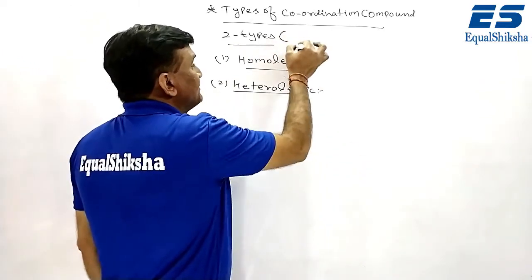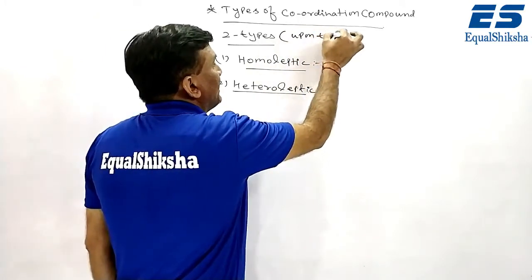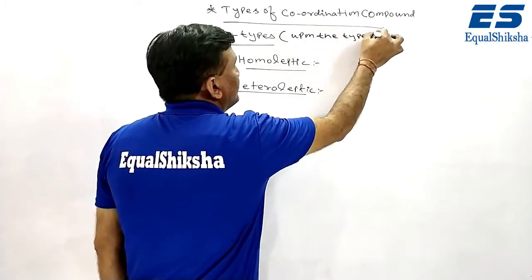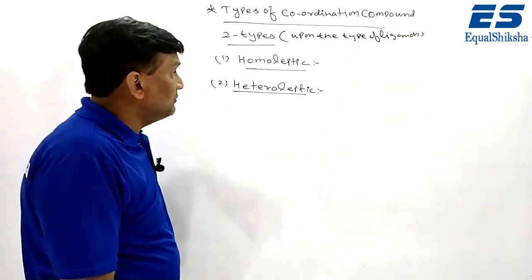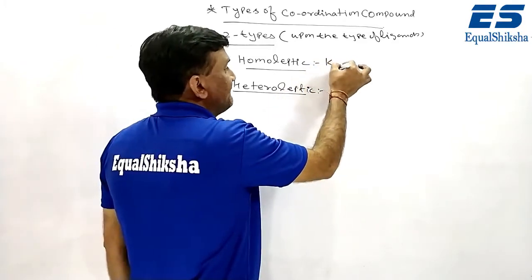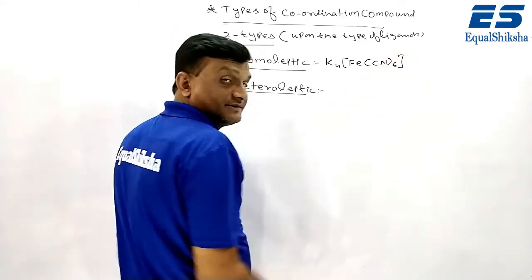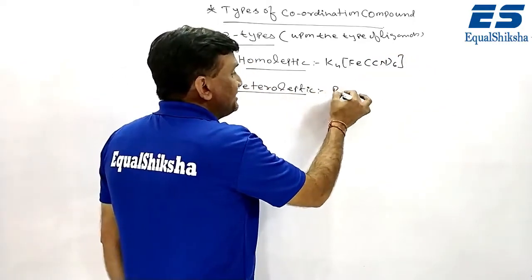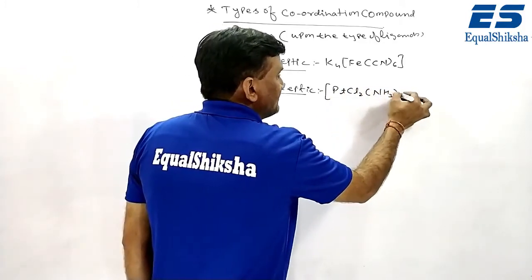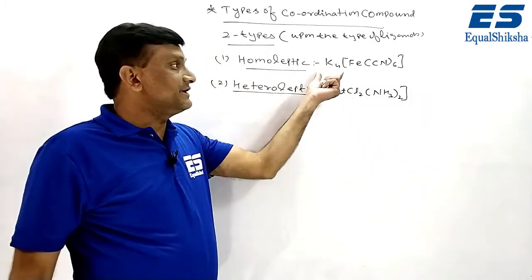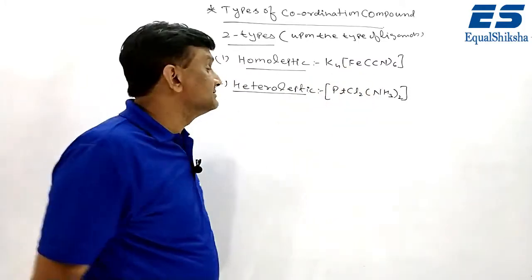It is based upon the type of ligands. How? Here is K4[Fe(CN)6] and here is [Pt(Cl)2(NH3)2]. This is your K4[Fe(CN)6] and this is your [Pt(Cl)2(NH3)2].